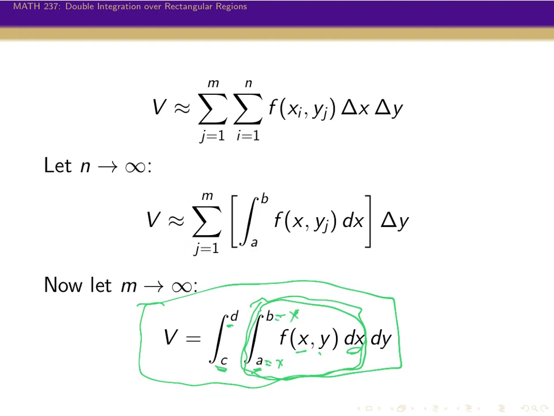Do that definite integral. Plug in the bounds at the end. Everything in terms of x is going to be gone. All that we're going to be left with is in terms of y. And so then we do an integral in terms of y, where the bounds are now y equals c to y equals d. And then at the end of that, all of the y's are going to be gone. And so all the variables are going to be gone, and we're going to be left with the volume.